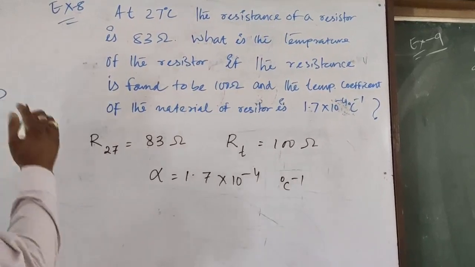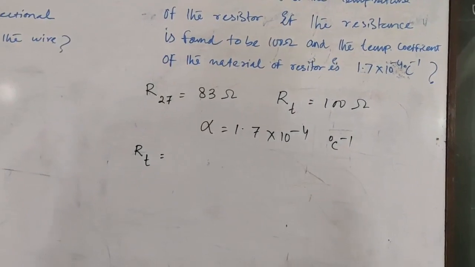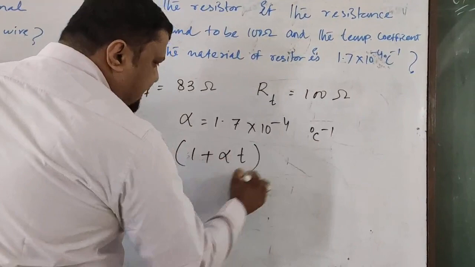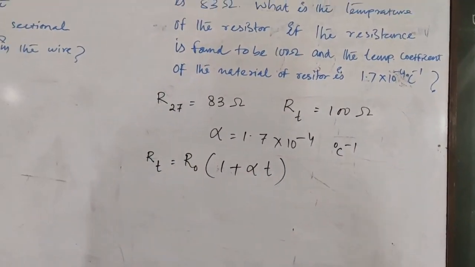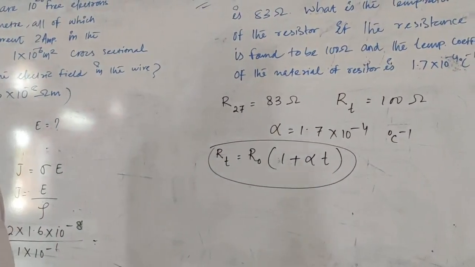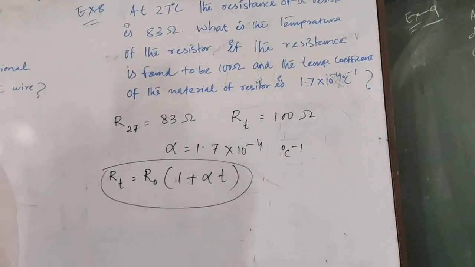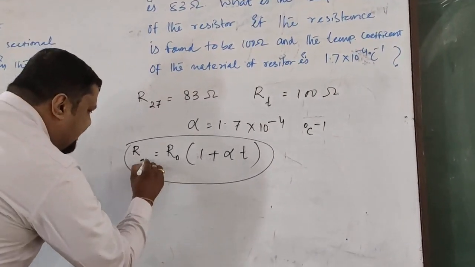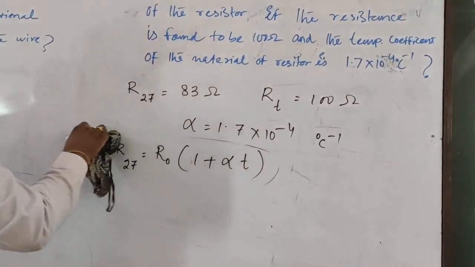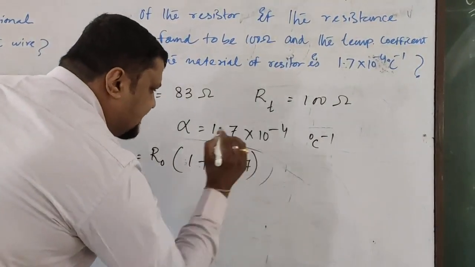As you know, the formula for the resistance of a conductor at T degree centigrade is RT is equal to R0 into 1 plus alpha T. That is the general formula you already know, when you derived it. On that basis, I will use it for two cases. For 27 degree centigrade, R27 is equal to R0 into 1 plus alpha into 27.